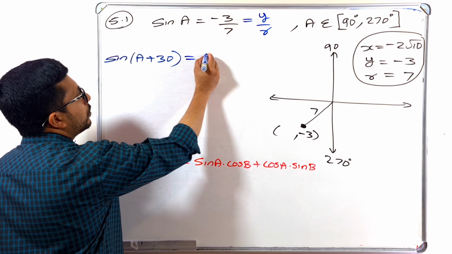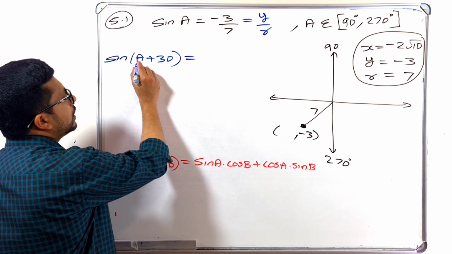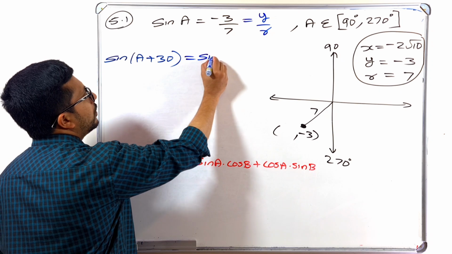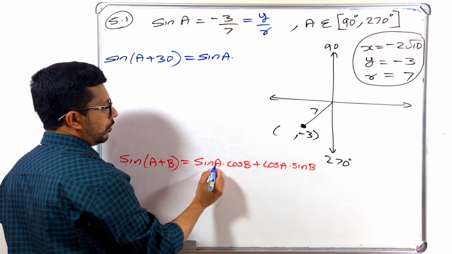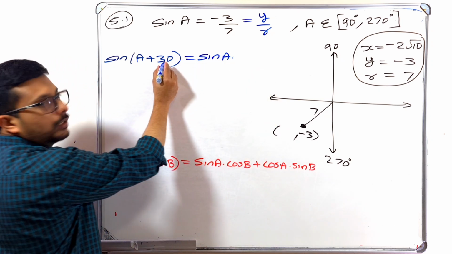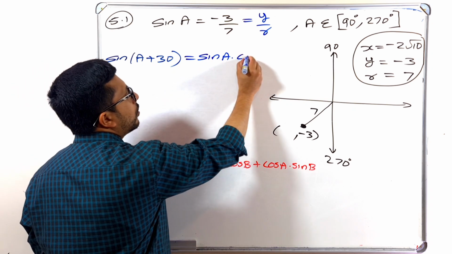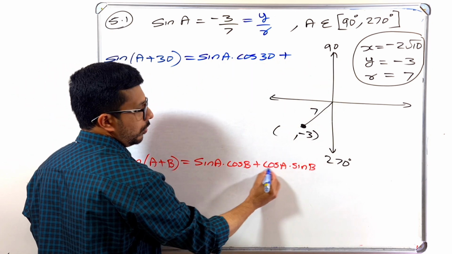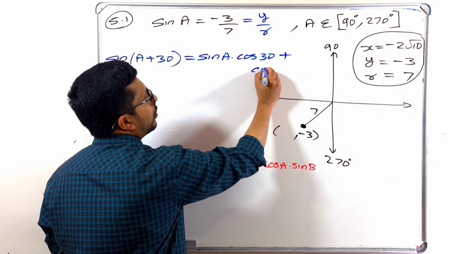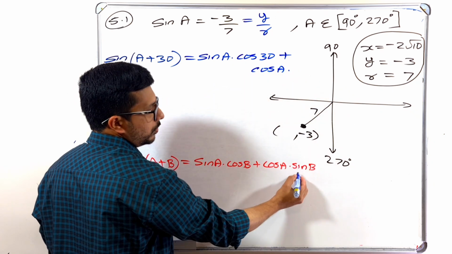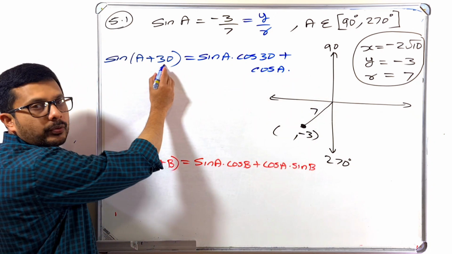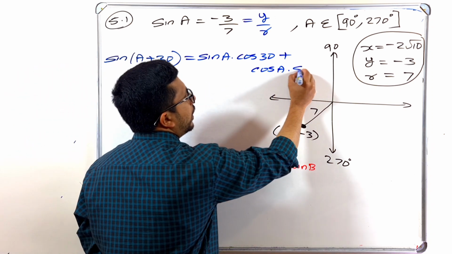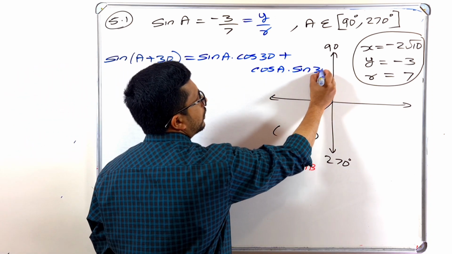This is equal to sine a cos b, where b is 30, so it is cos 30, plus cos a into sine b, and our b is 30, so sine 30.